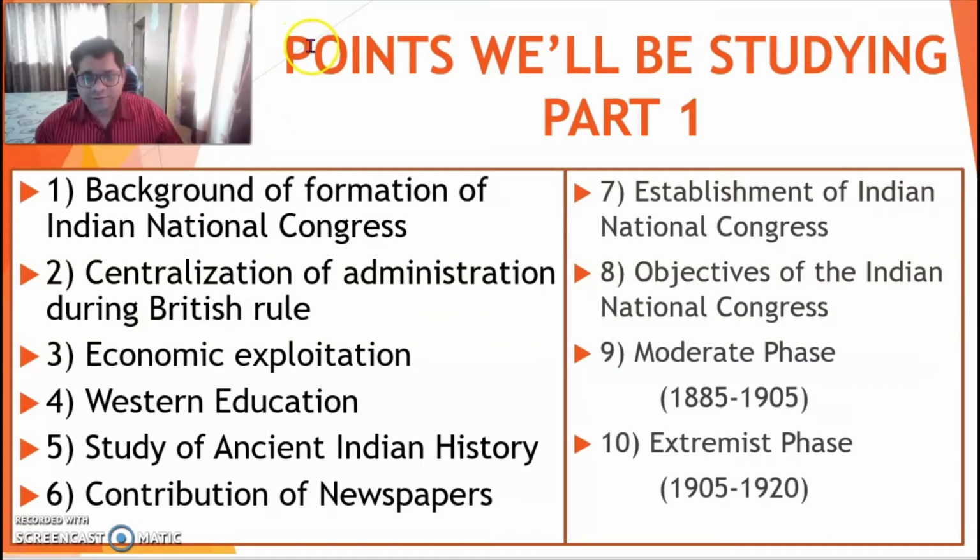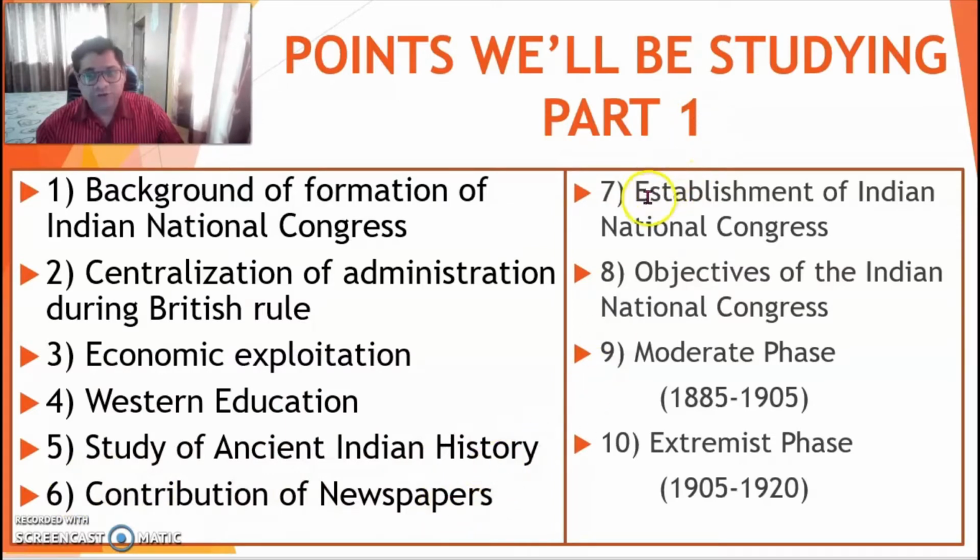Now the points that we will be studying in part 1 are background of the formation of Indian National Congress, centralization of administration during British rule, economic exploitation, Western education, study of ancient Indian history, contribution of newspapers.